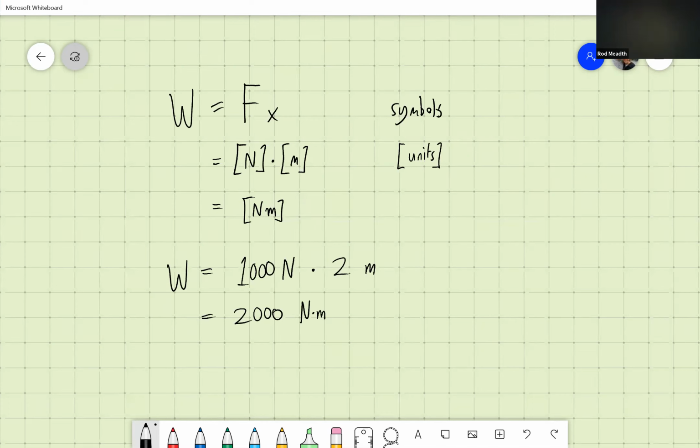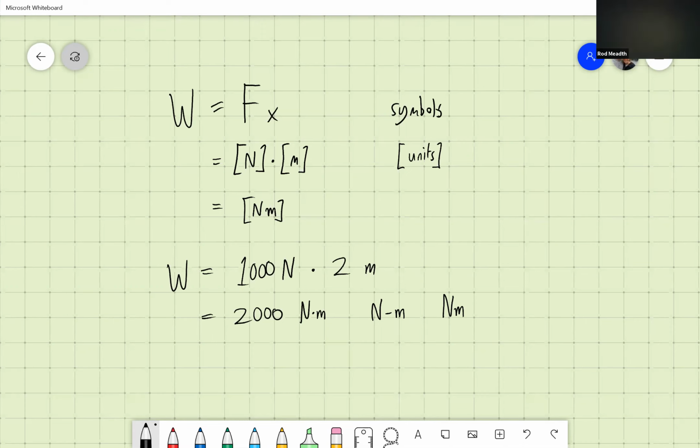You can write N dot m, or N hyphen m, but the best thing to write is just Nm. In the strict SI system, you can only write it without the dot and without the hyphen, exactly like that.